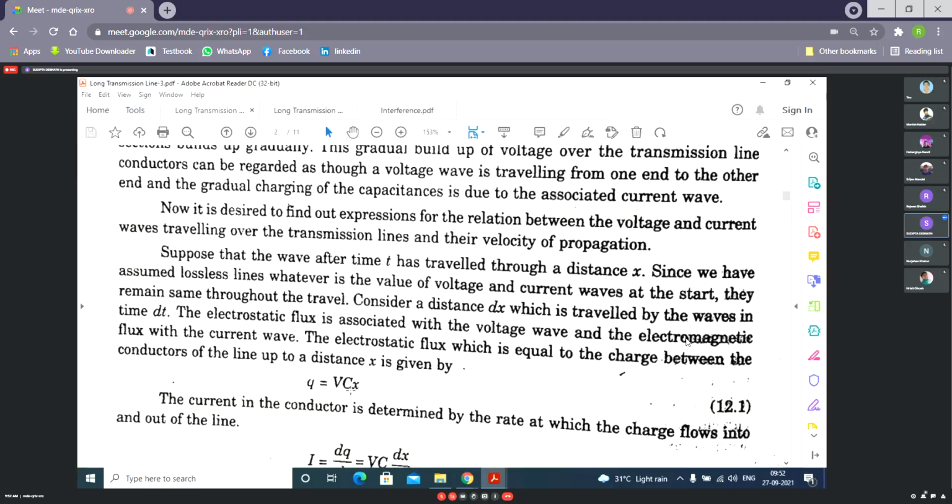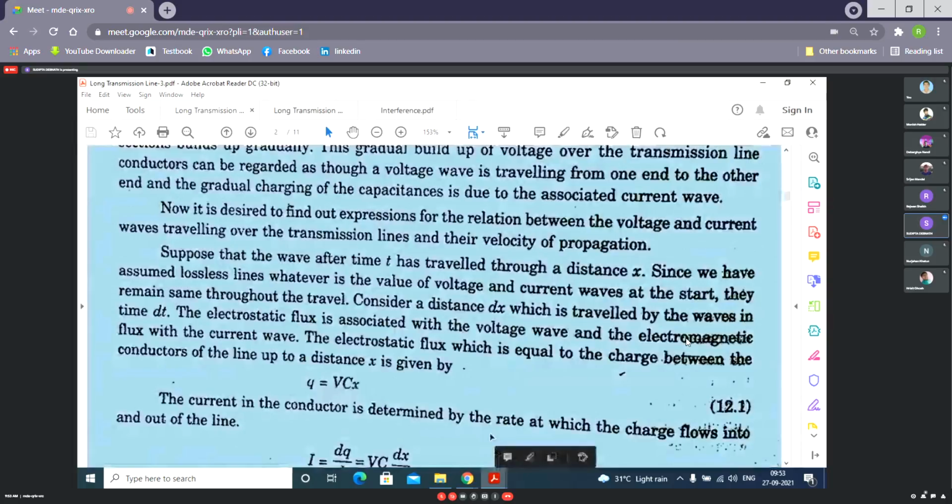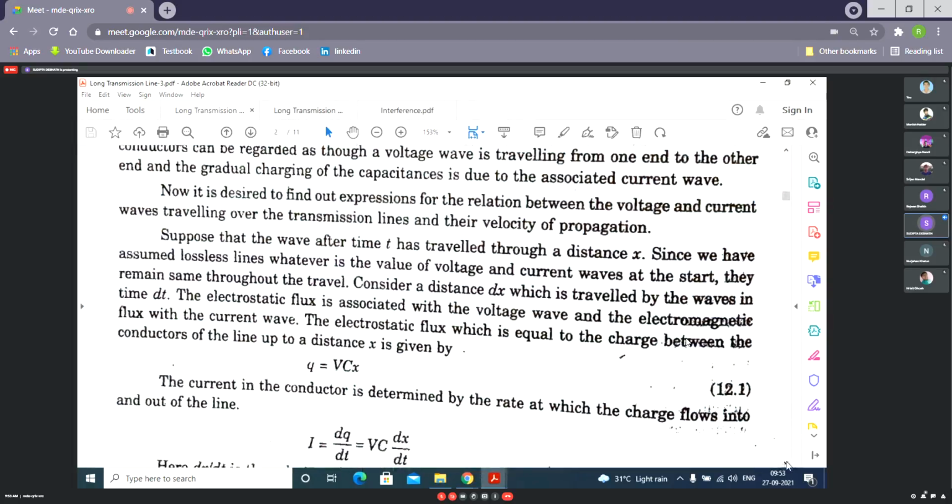C is the capacitance per unit length, so you have to multiply it by x, the distance traveled by the traveling wave in time t. First we find the charge, and the current is determined by the rate of flow of charge. So I equal to dq/dt.